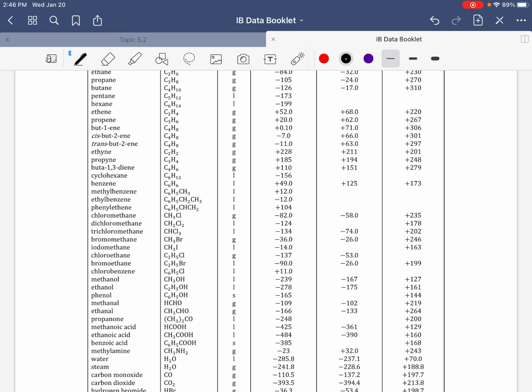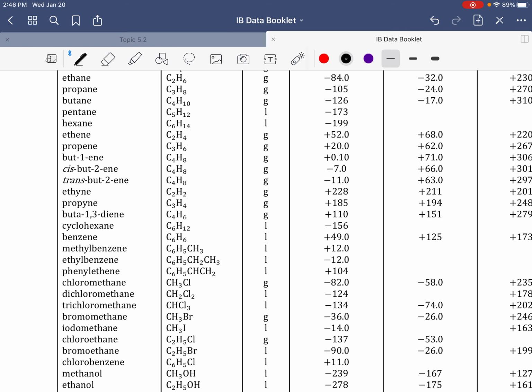So let's go here. First, I have C6H6, benzene, right there. Making benzene will require 49 kilojoules of energy, endothermically. Oxygen, now, don't let me tell you twice. We know what oxygen is.